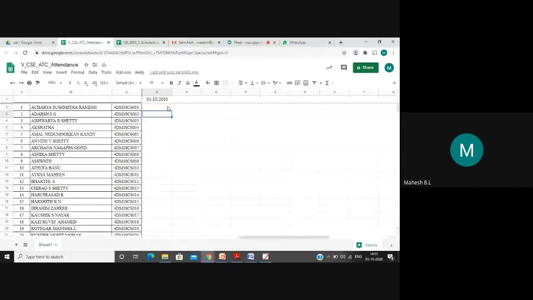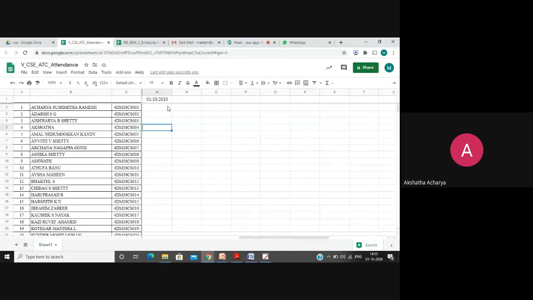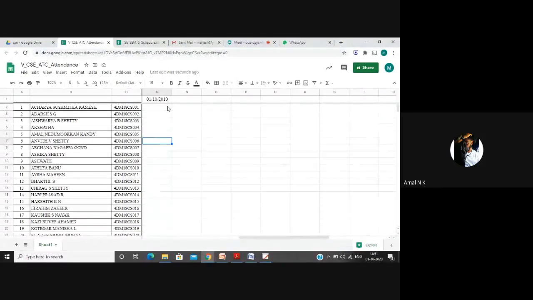Aishwarya. Present, sir. Akshata. Present, sir. Amal. Present, sir. Anvit. Present, sir. Archana. Ashika. Present, sir. Ashwath. Present, sir.